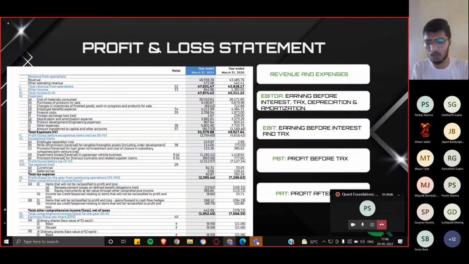They are highly related, but one is not made on the basis of the other. Cash flow can be made on the basis of profit and loss and the balance sheet, but the balance sheet and profit and loss can be made independently. Was that your doubt? Okay, thank you.